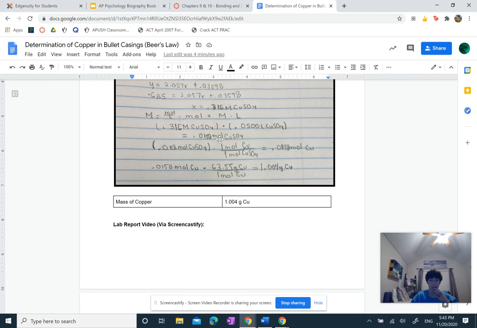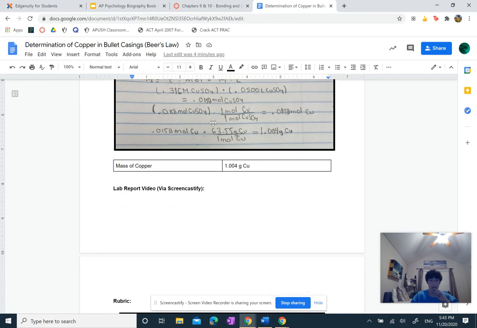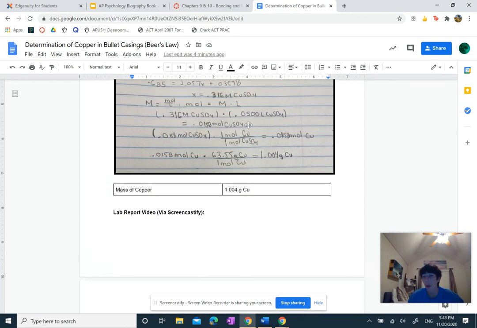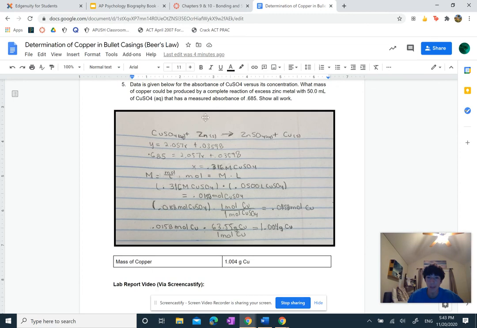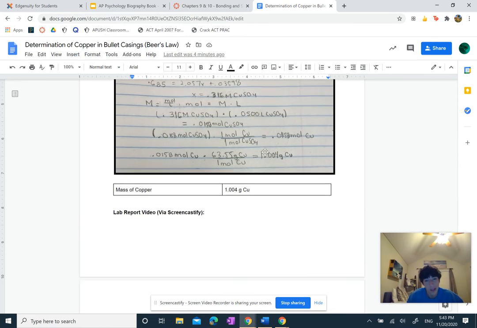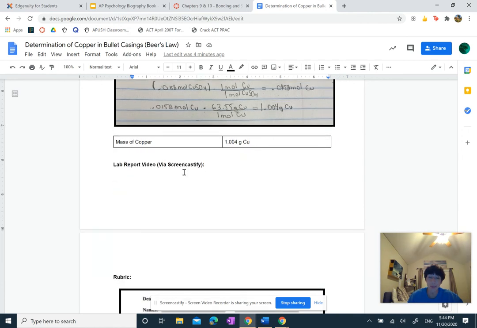Then we plug in our 0.158 moles of copper sulfate, and we do a little bit of molar equationing skills right here, because we look back at our balanced equation and get the mole to mole ratio. Then we got 0.158 moles copper, and we multiply that by the molar mass to get the grams of copper used in the post lab. So that was our mass of copper.